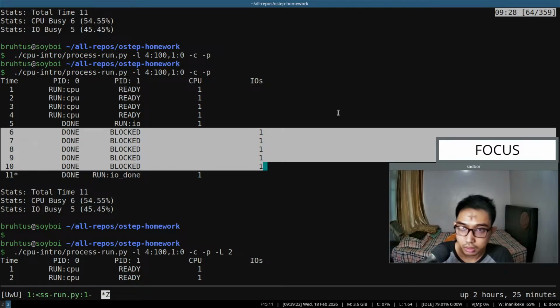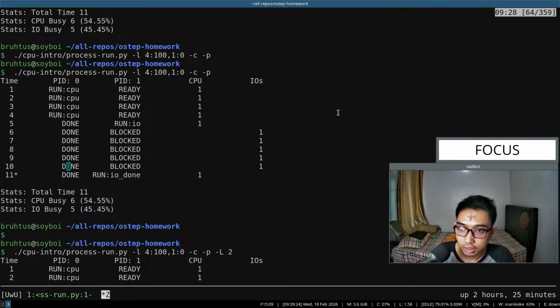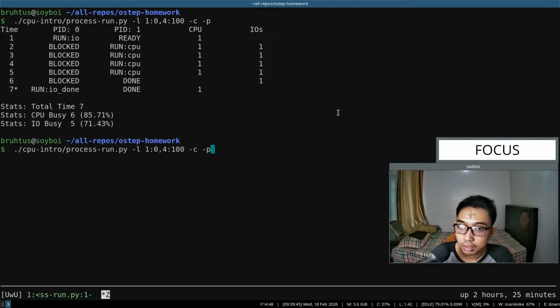It's just in reverse. The block state is in here, or maybe in here, and the done state, or maybe the ready state, is in here. Now let's find out.